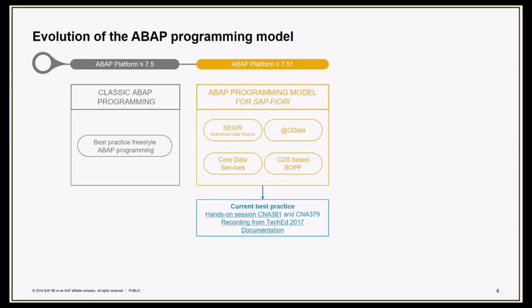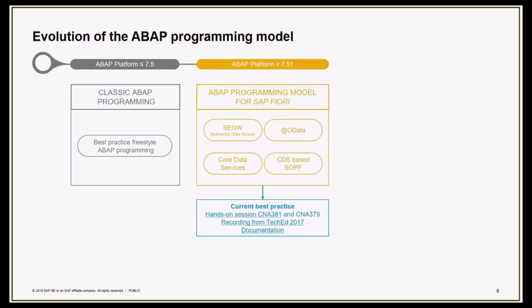And the answer is that we need some kind of improvement, an evolutionary successor, which is then RAP, in order to tackle two different things. The first thing is we need a better integration, a better offering on how to create or integrate the existing application logic or even legacy code, how to integrate that into our Fiori applications.